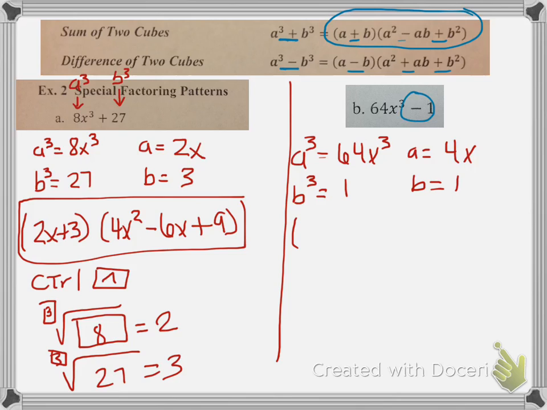Now this one has a subtraction, so we're going to be using the second equation. So we have a minus b, which is 4x minus 1, and then a squared, well, my a is 4x. What's 4x times 4x? That would be 16x squared, and then plus a times b, which is 4x, and then b squared, which is 1.